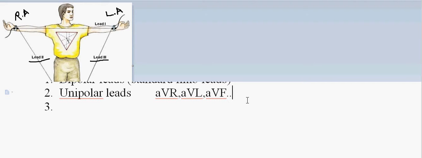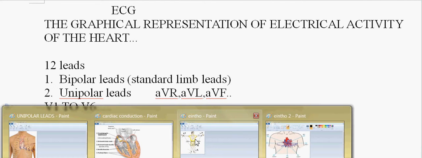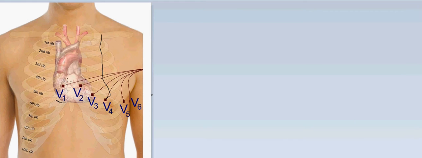They are also placed around the right arm, left foot and left arm, but these are all unipolar leads. And unipolar leads also have several leads which are named from V1 to V6. So these leads are placed only on the surface of the chest of the human body, and I will show you some pictures.